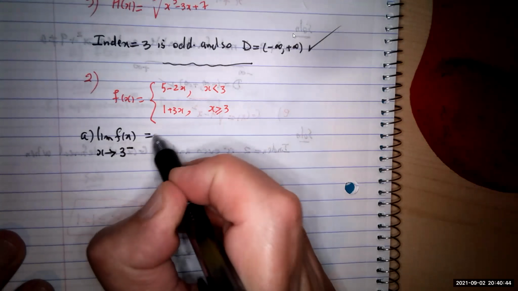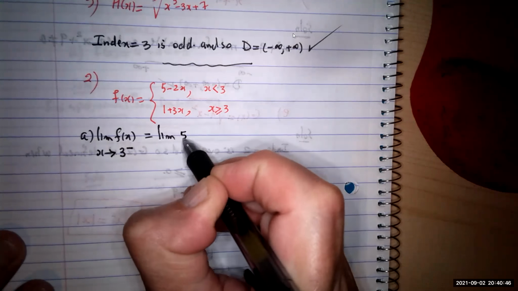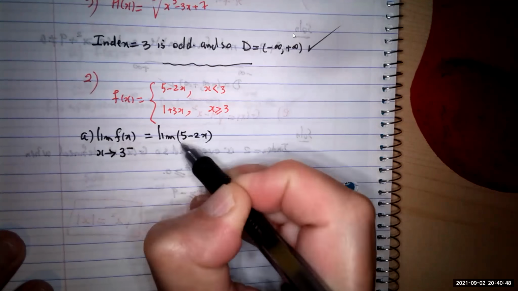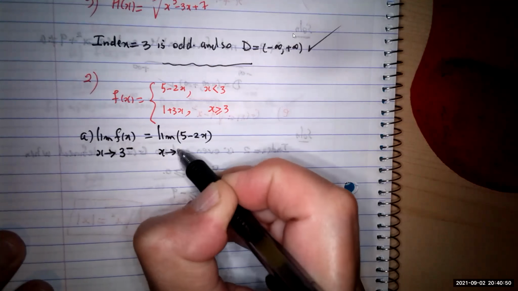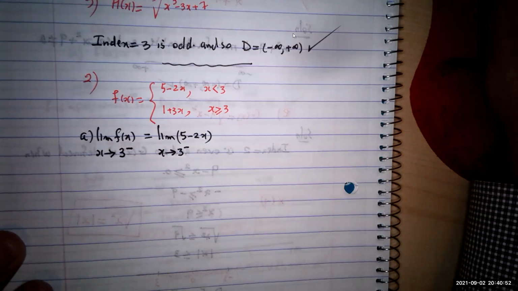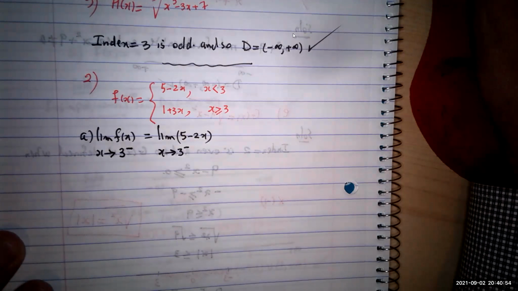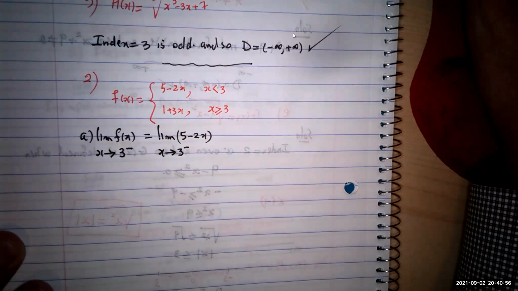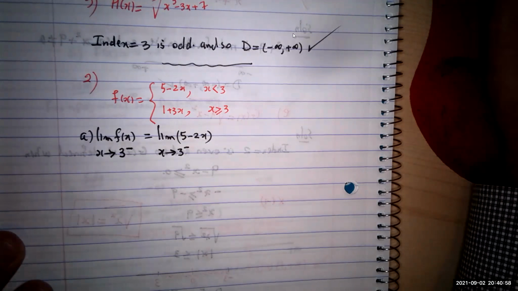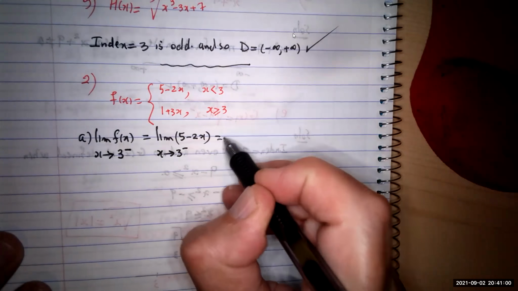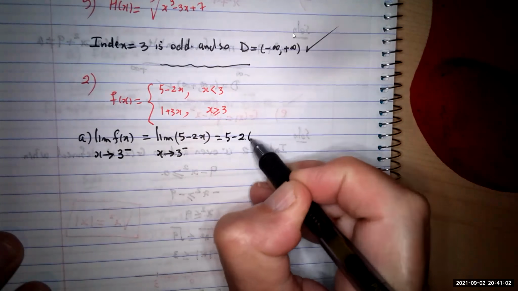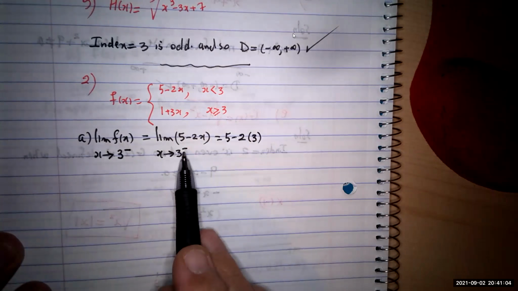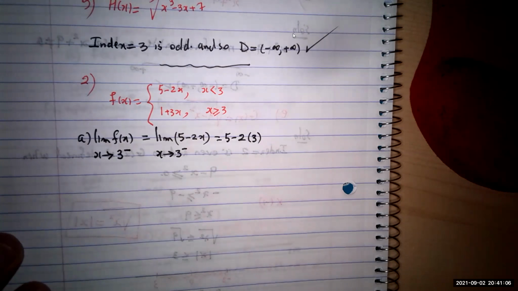So it's going to be the limit of 5 minus 2x when x goes to 3 negative. You identify which part of the function you are going to use. For the rest, it's just a substitution. So it's going to be 5 minus 2 times 3. Remember, this is just the sign of the direction, not the sign of the numbers.